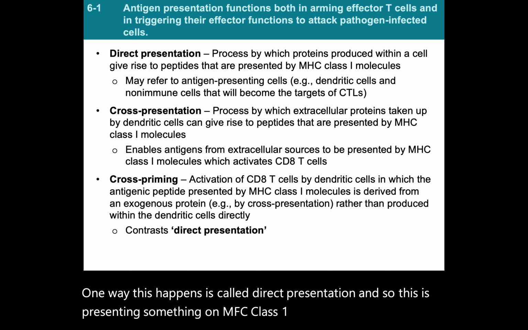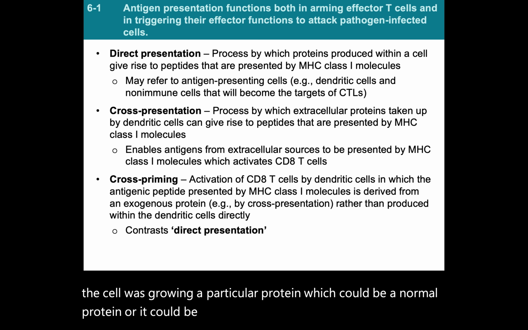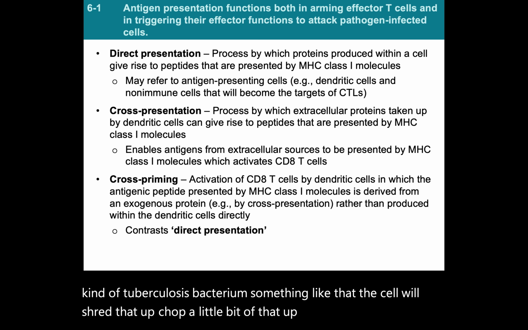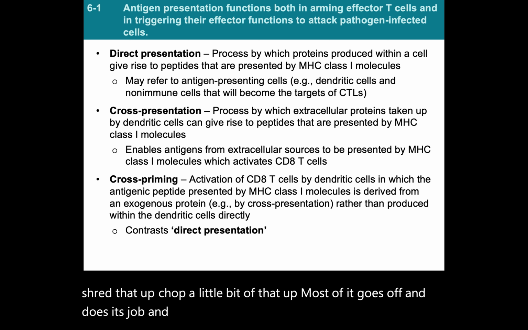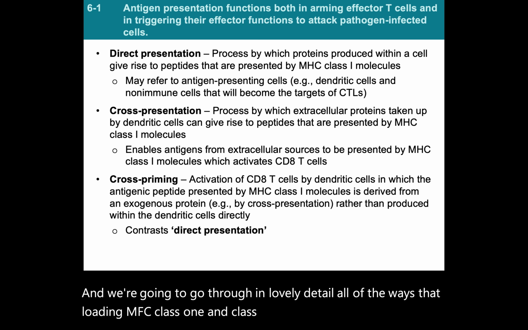And this means the cell was growing a particular protein, which could be a normal protein, or it could be a protein from a coronavirus or from some kind of tuberculosis bacterium, something like that. The cell will shred that up, chop a little bit of that up. Most of it goes off and does its job, and then it will load it onto an MHC class 1 molecule. And we're going to go through in lovely detail all of the ways that loading MHC class 1 and class 2 molecules happens.